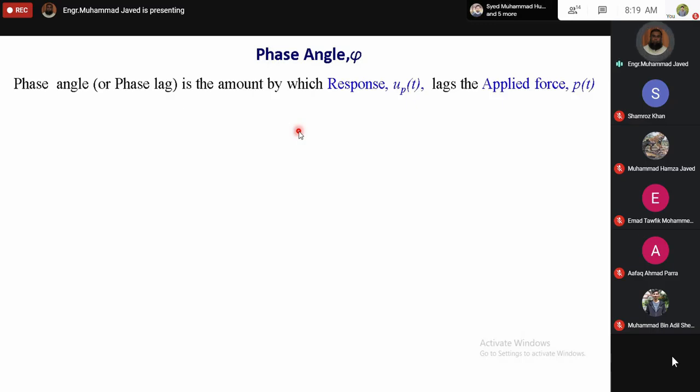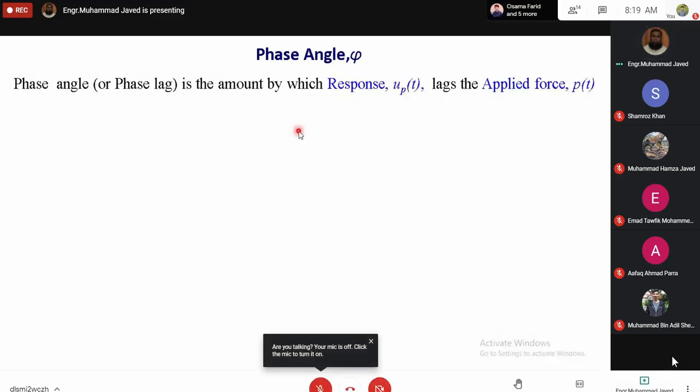Basically, phase angle is the amount by which a response lags the applied force. As we discussed last time, when the frequency ratio is less than 1, the dynamic force and the corresponding dynamic displacement occur simultaneously in the same direction, and we say that the motion is in phase.